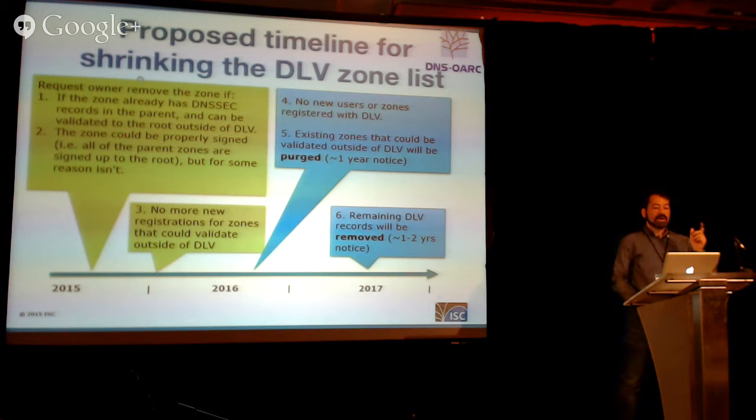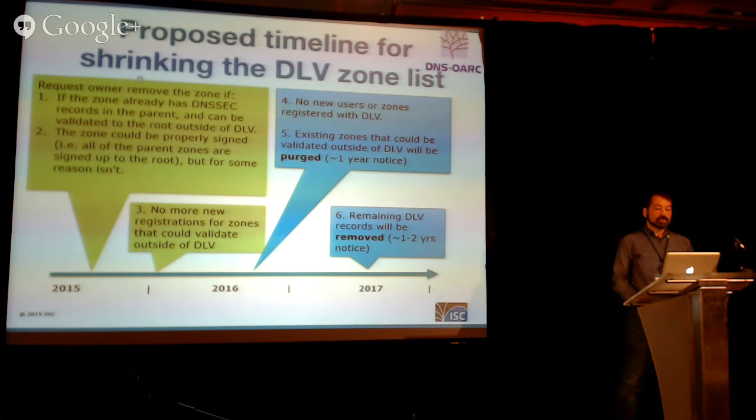And then at the beginning of 2017, we will say that no new users can be added or zones registered with DLV at all, new or old. And the idea is that if it could be validated outside of DLV, we've told you a year and a half ago that this was the case, we will purge those records.